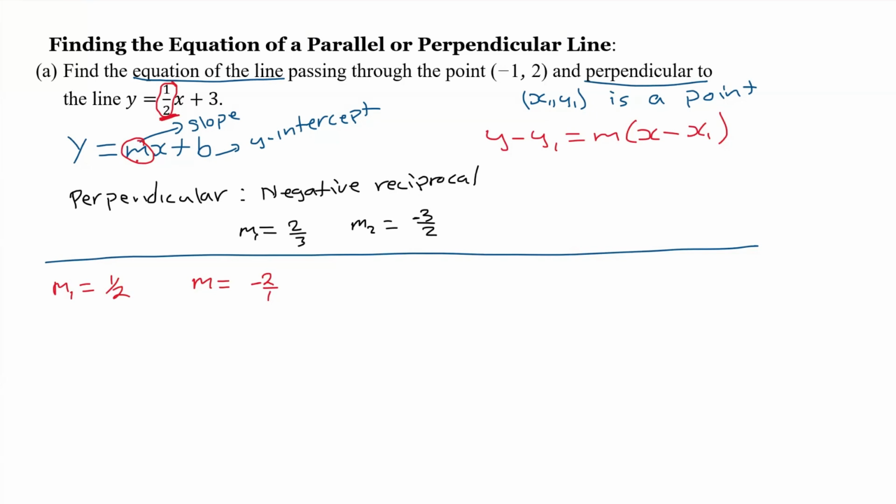All right, so we have m. Now the line that we're trying to find passes through the point (-1, 2). That means (-1, 2) is a point on the line that we're trying to find, not a point on this line. It's a point on the equation that we're trying to find. All points are represented by x and y.